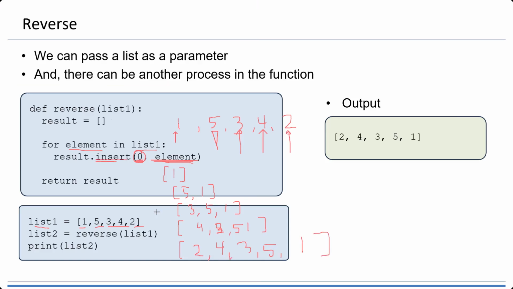Then the result will be printed because we return the result. So for the reverse, we check from the last element. The last element is 2, then 4, then 3, then 5, and then 1. So we can make the function like this.